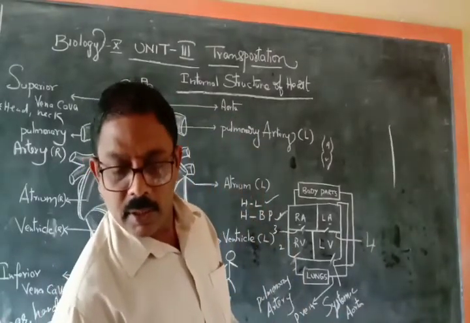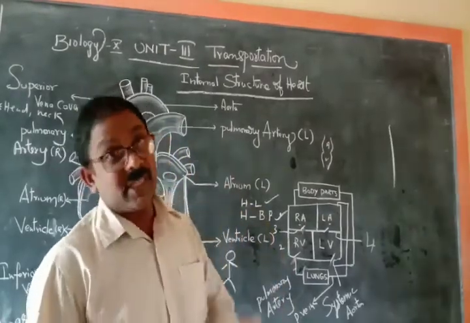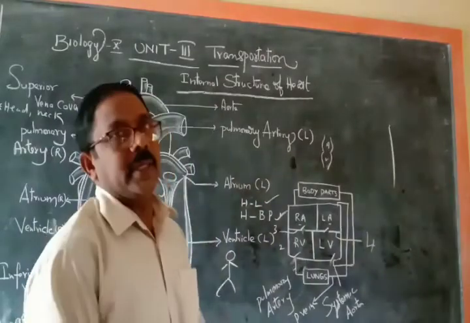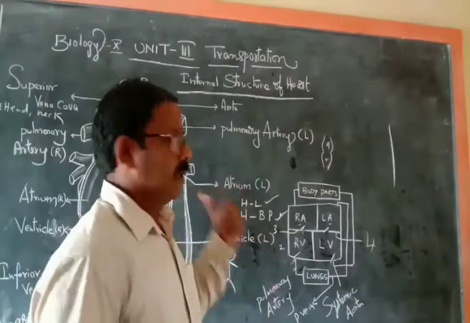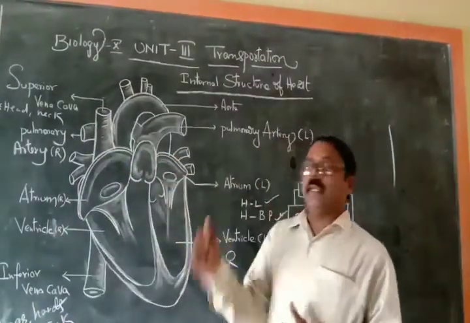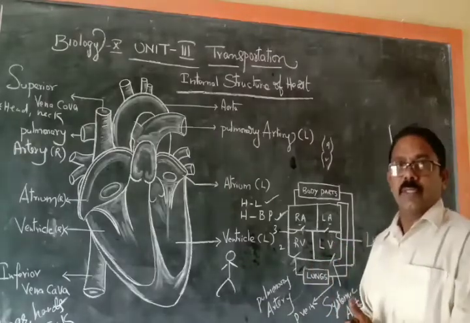A hummingbird weighing only 8 grams beats 1200 times per minute. So that is about the circulatory system. You can easily understand it from the simple diagram.